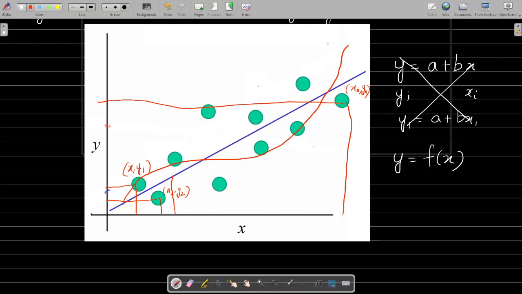So the question is, is there a function y equal to f of x such that if I input my x values into it, I'll get my outputs yi's. The curve I'm fitting should best fit my data. That is, the output values should be as close to our observations as possible.